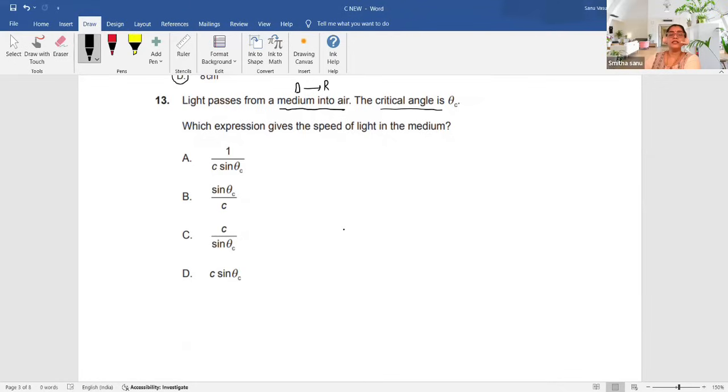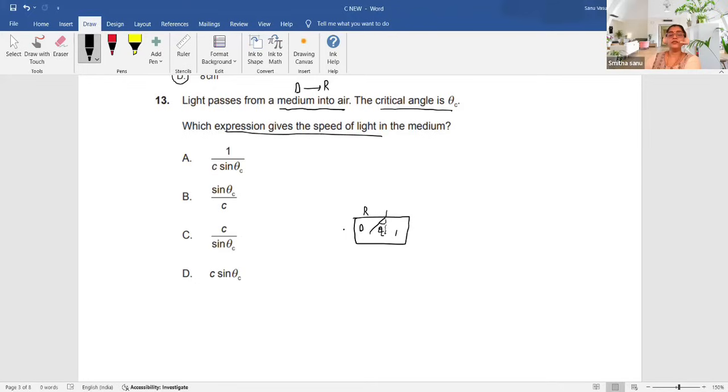Critical angle is theta c, which expression gives you the speed of light in the medium. It is incident at an angle theta critical here. They are asking you the expression for light in the medium.